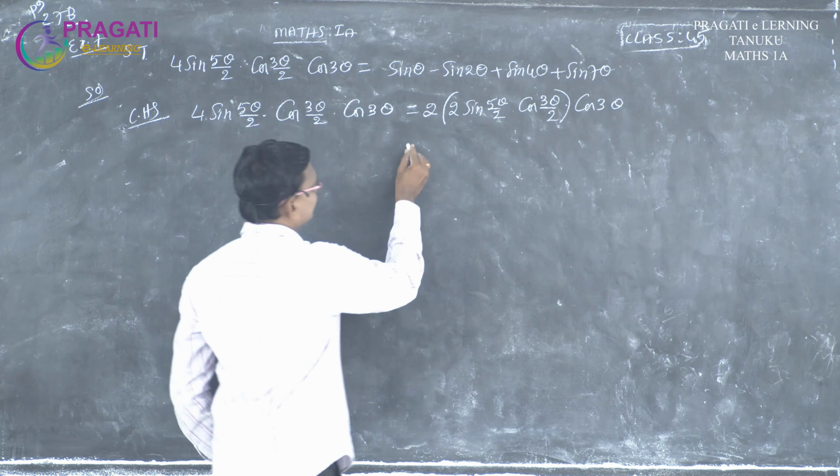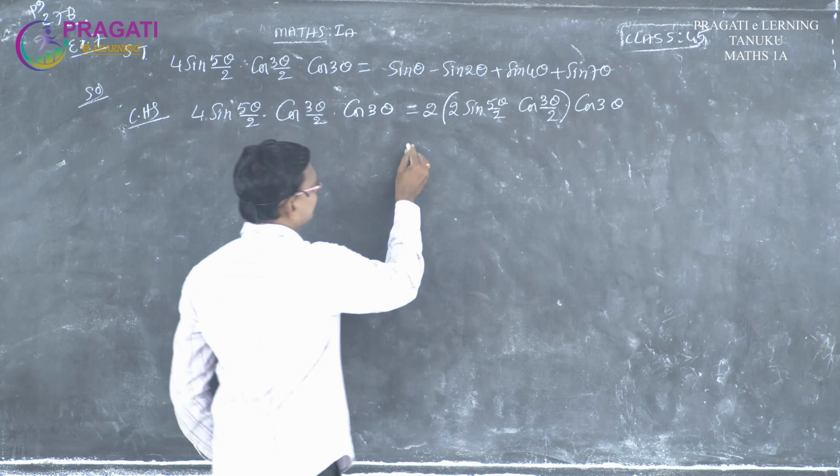That formula, with 2 as it is, is just considered as 2 sin A cos B. Both angles are different, so one angle is A, another angle is B. The standard formula for 2 sin A cos B is sin(A+B) + sin(A−B). So sin(A+B), 5θ/2 + 3θ/2, plus sin(A−B), 5θ/2 − 3θ/2, into cos 3θ.